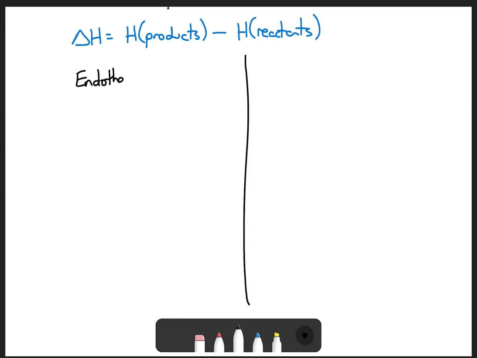We have a case that is endothermic, and we have a case that is exothermic.